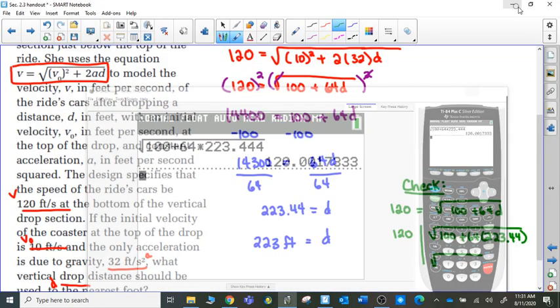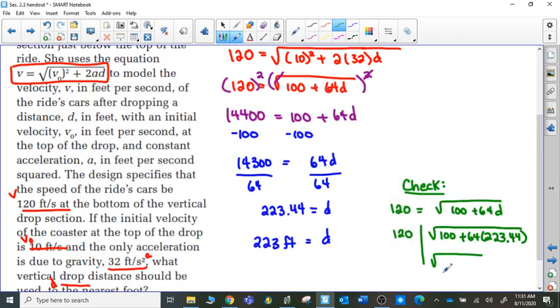So I'm satisfied that this worked out to be about 120.002-ish. To me, that's good enough for a check. And so the vertical drop was 223 feet.